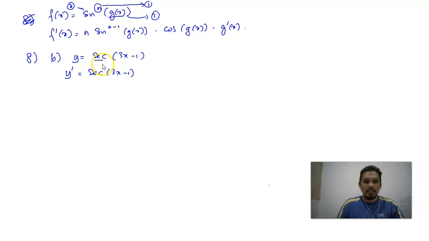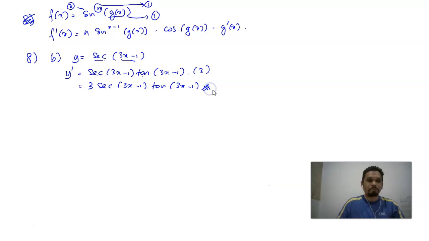Multiply with the derivative of the inside, 3x, which gives you 3. So 3 secant(3x minus 1) tangent(3x minus 1). Okay, question B.